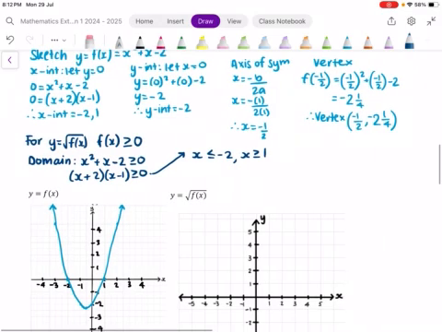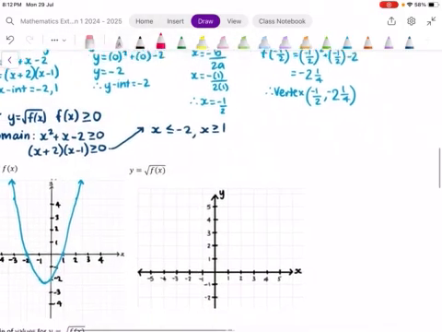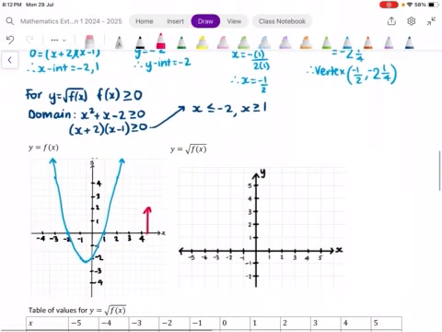And so what this is saying is for our original function, we want only what is above our x-axis, where y is greater than or equal to 0. So what that means is that we want f(x) greater than or equal to 0.